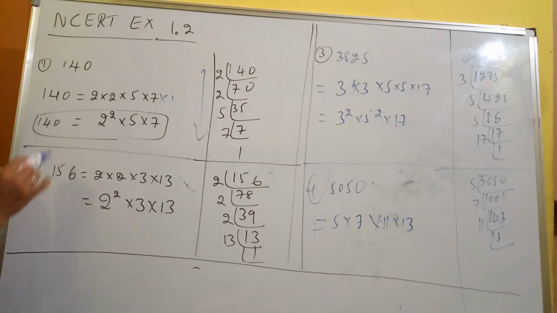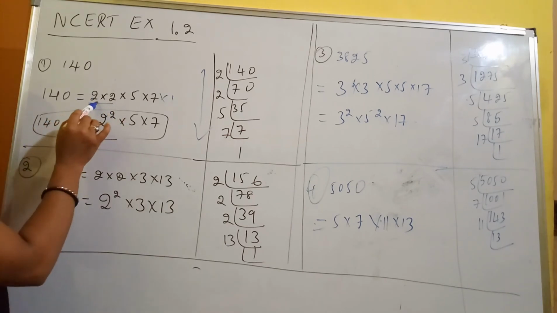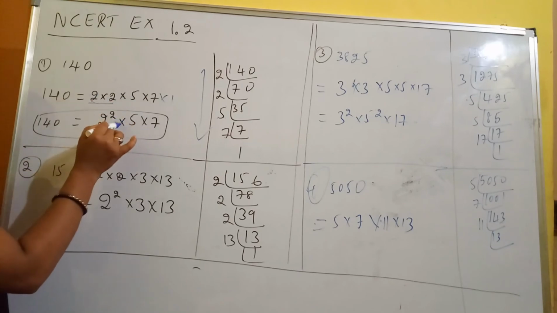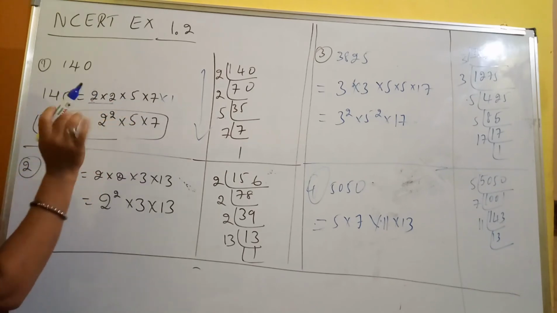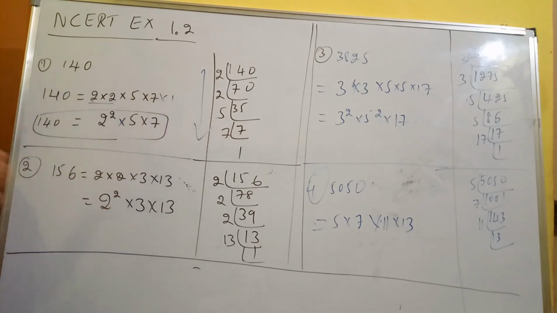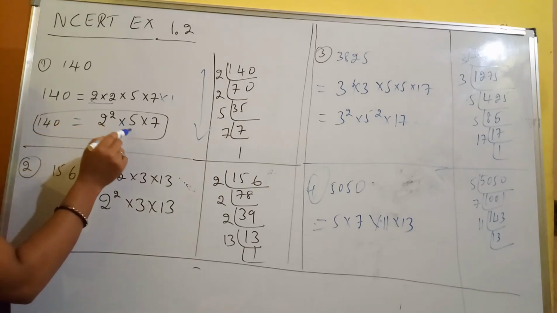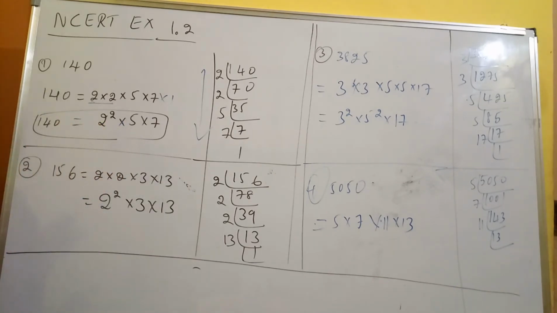Writing the repeated number, 2 into 2 is 2 square, 5 only one time, 7 also one time. Then 140 can be expressed as a product of prime numbers: 140 is equal to 2 square into 5 into 7.